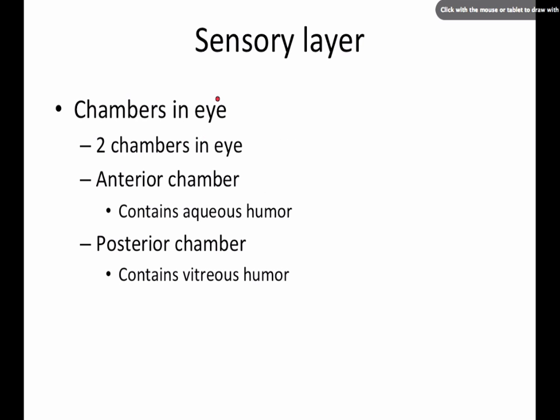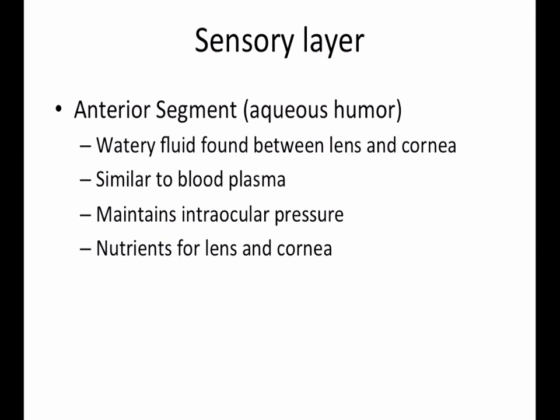There's 2 chambers in the eye. We have the anterior chamber, which contains the aqueous humor, and then the posterior chamber, which contains the vitreous humor. And then we have the anterior segment, which contains the aqueous humor.